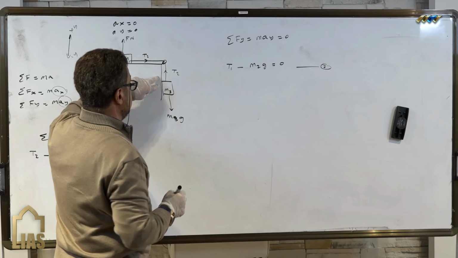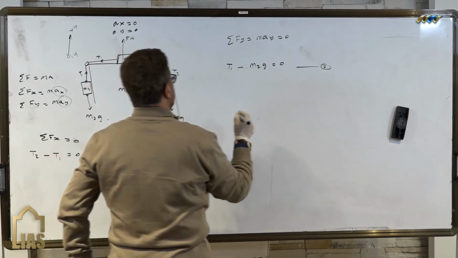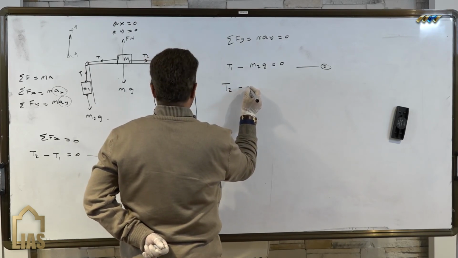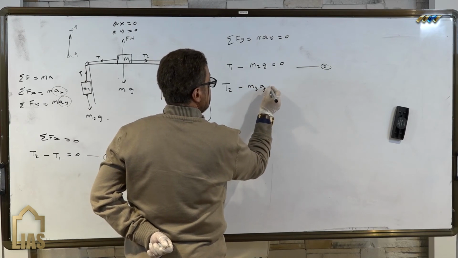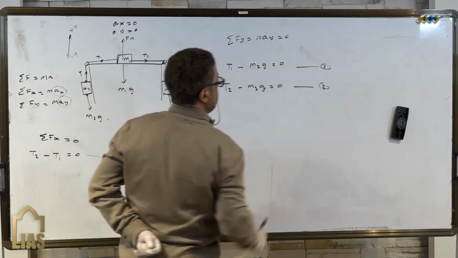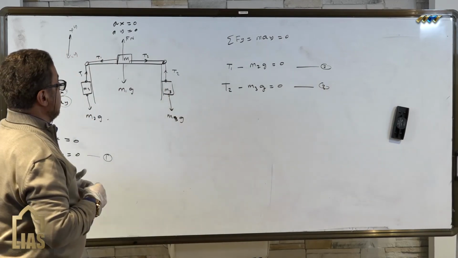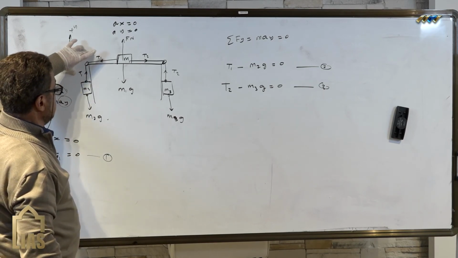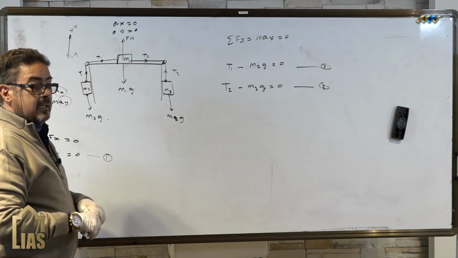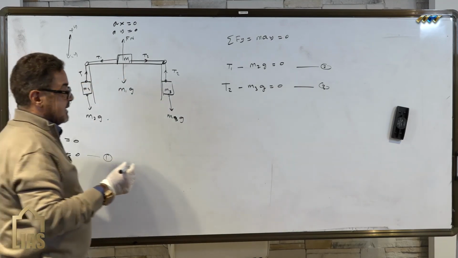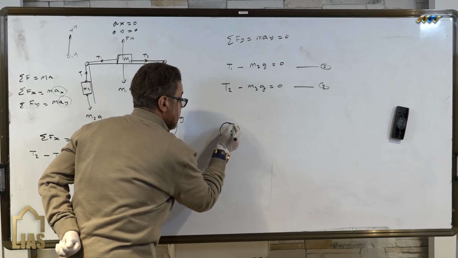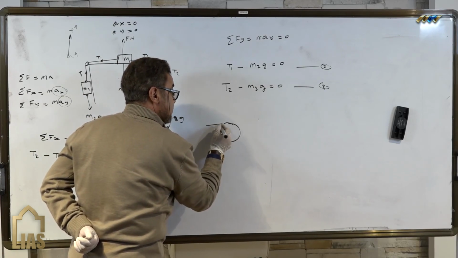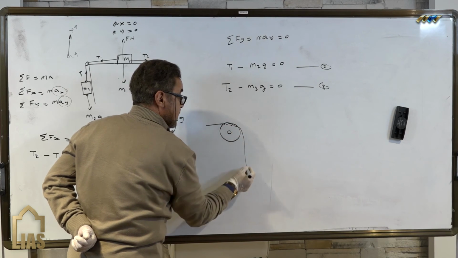Number 3 we have with this value here, say T2 minus M3G is equal to 0. This is number 3. Okay, we have this T2 and T1 and this T2. Remember that this is the reel here, okay? This is the reel. Has only one rope, okay?